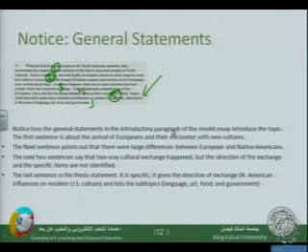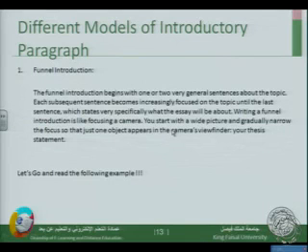It comes almost at the end of the introduction paragraph. Okay. Let us move on. In our class today, you should also know that we have different models of introductory paragraph. We have different kinds of introduction paragraph.